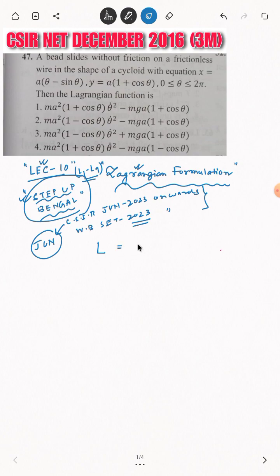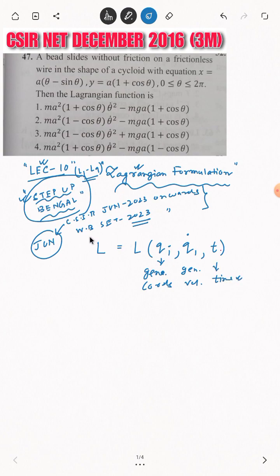L. That was a function of qi, that means coordinates, qi dot, that means velocity, and t. This was generalized coordinates, this was generalized velocity, and this is obviously time.